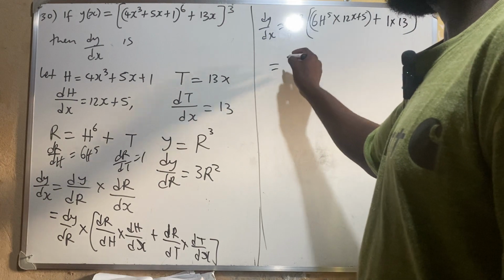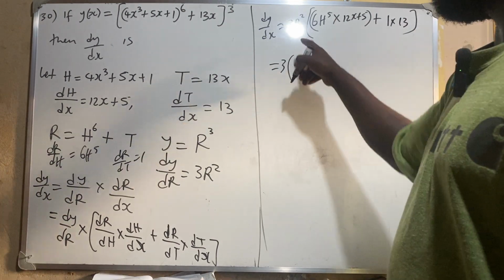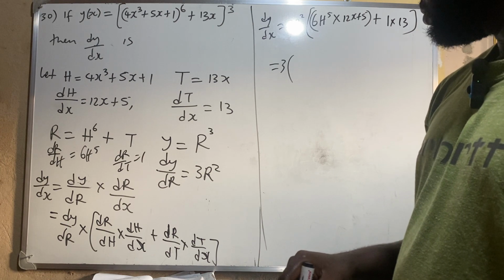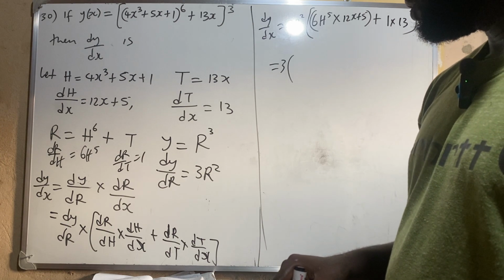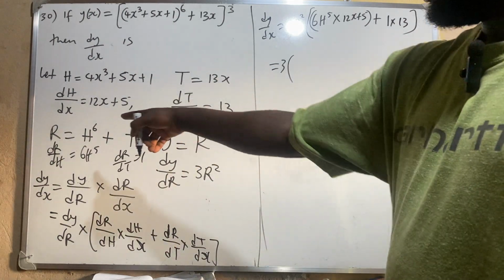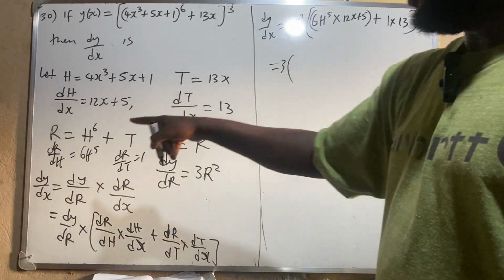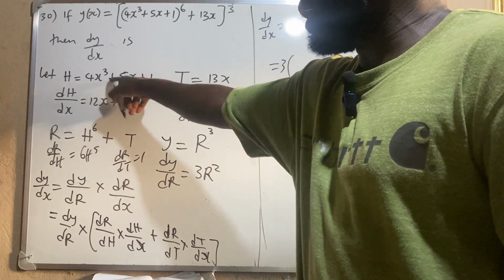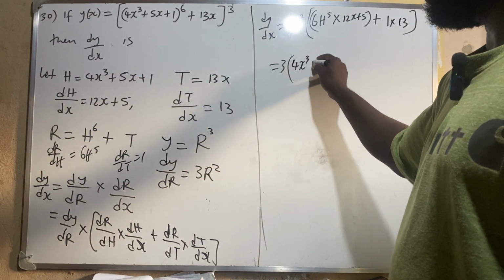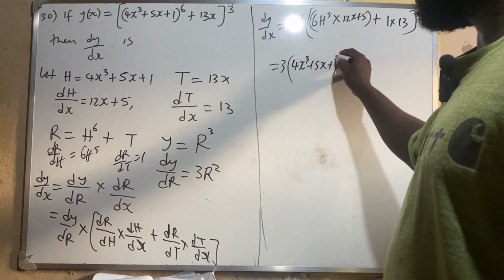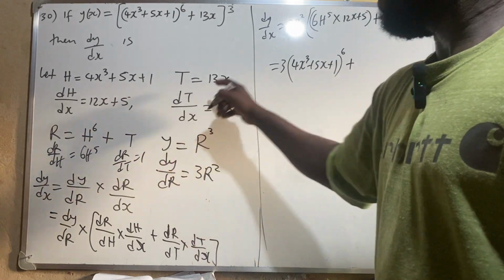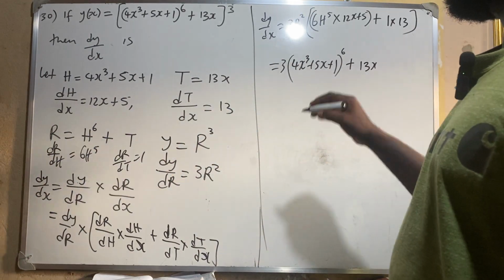Okay, so if you now do that, you're going to have 3 in bracket of, put what is your r. Look at your r: h raised to power 6 plus t. So what is my h? My r is going to be 4x raised to power 3 plus 5x plus 1, raised to power 6, plus my t, which is 13x.